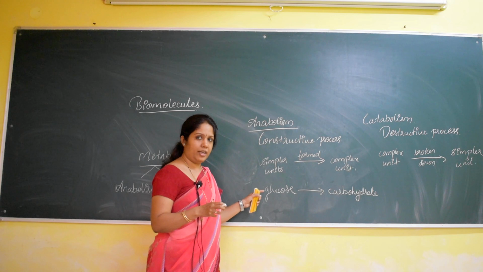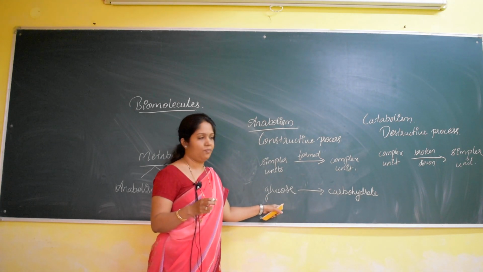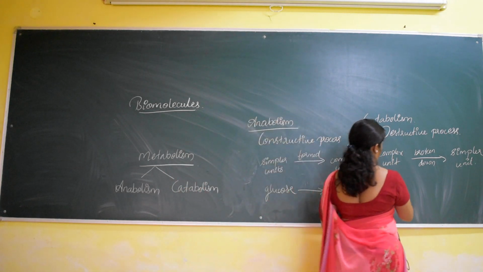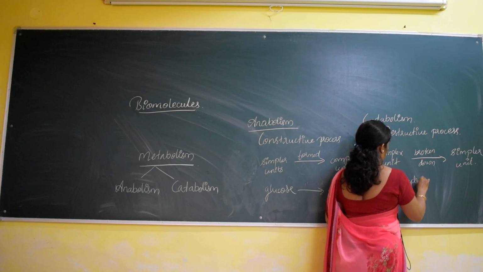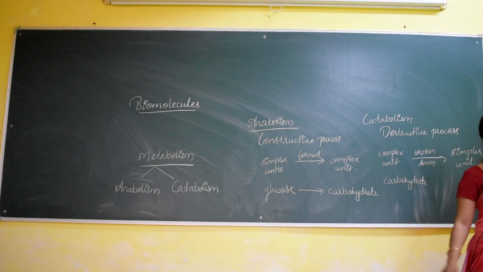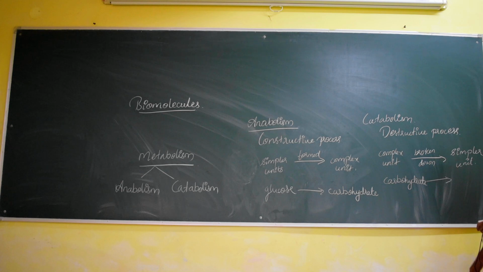Carbohydrate is one of the biomolecules, or one of the building blocks of life. How is that carbohydrate formed? It is formed by the fusion of a number of glucose units. Hence it is constructive. Now if the carbohydrate is broken down, it results in the liberation of glucose.